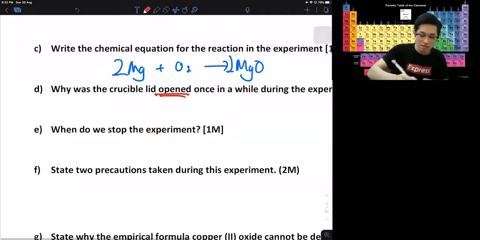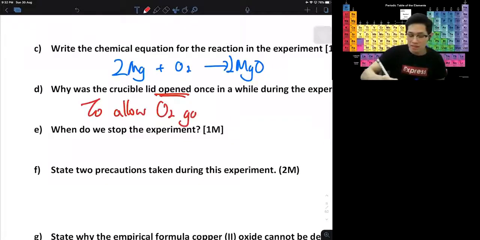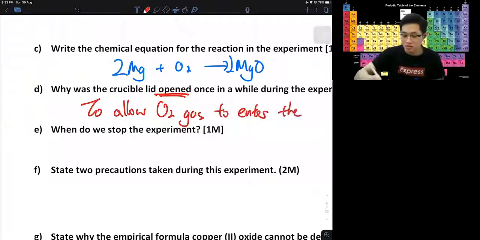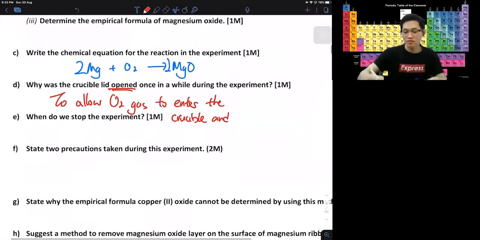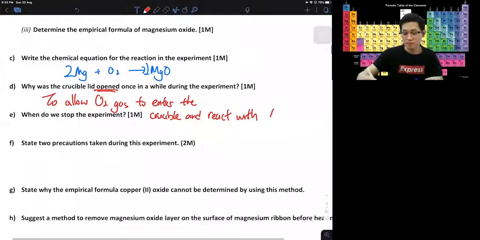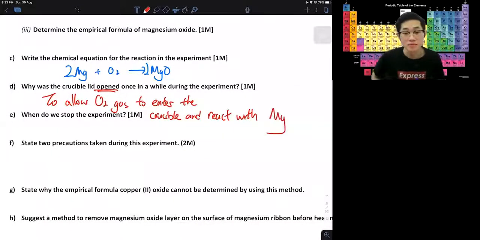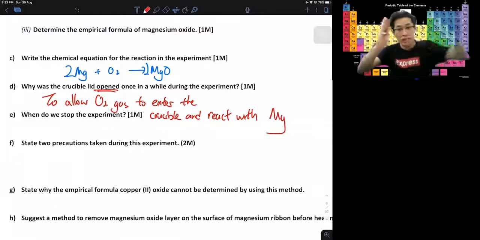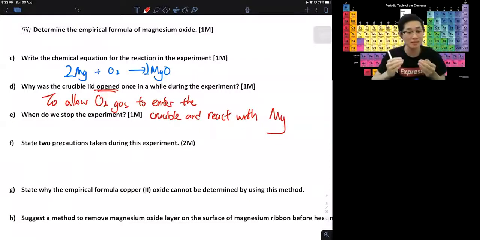To allow oxygen gas to enter the crucible and react with magnesium.